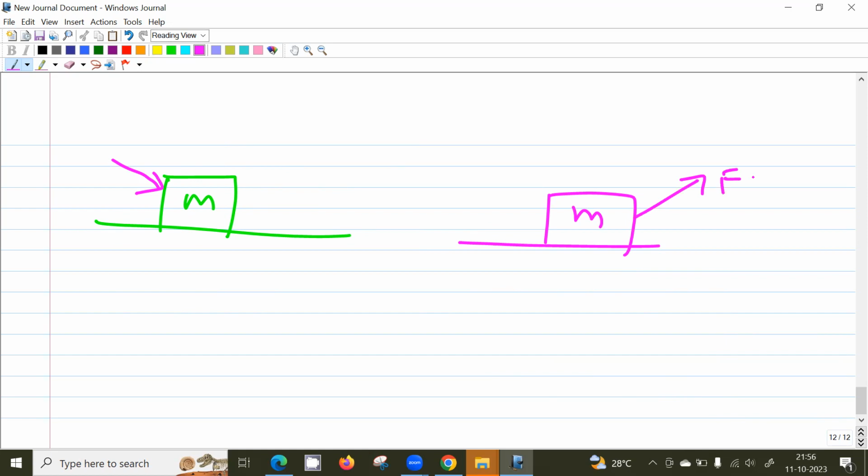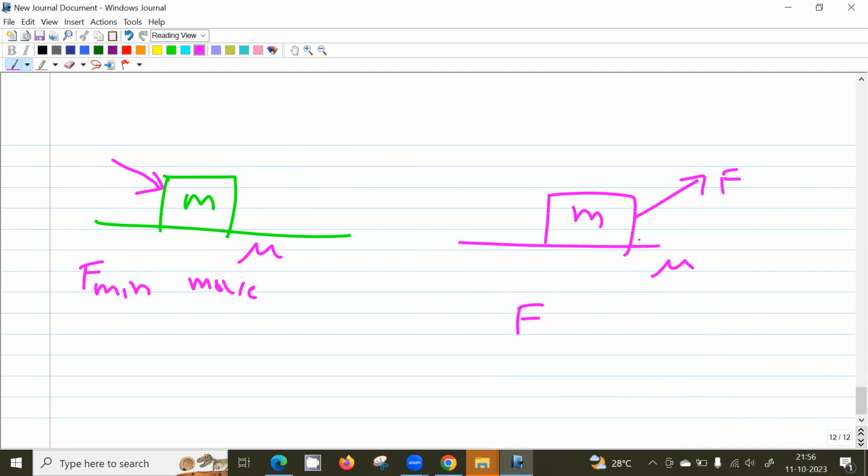The surface is the same, so mu is the same. Given the mass, mu, and everything, I can find an F minimum in the first case to make it move, because if F is very small, it will not move. Keep increasing F gradually, and there will be a minimum value after which it starts moving.